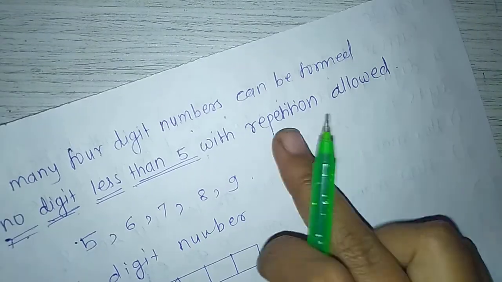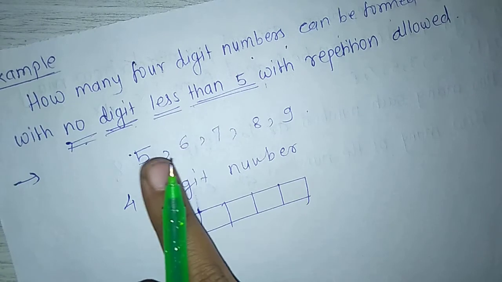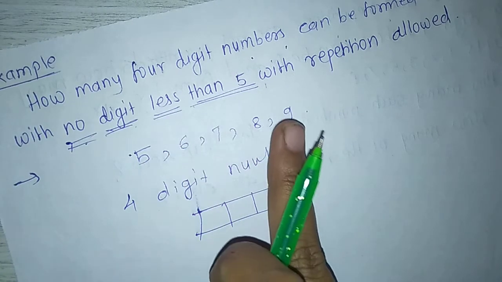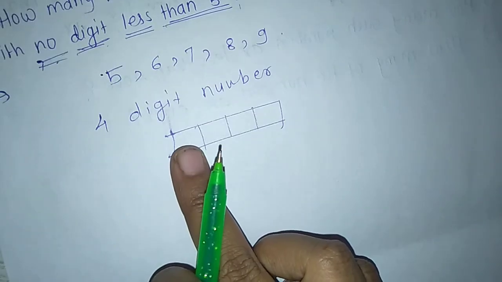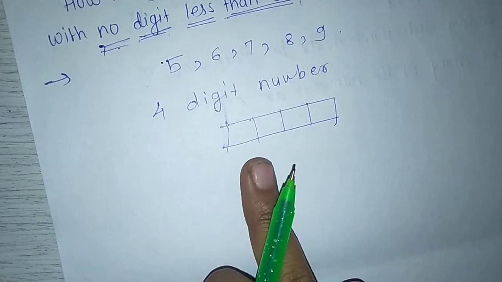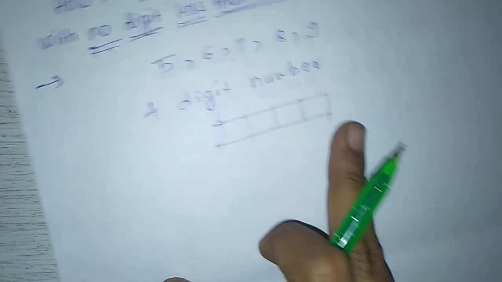The given condition is that repetition of digits is allowed. Here we have 5 digits, so the first box has 5 choices. Similarly, the second, third and fourth boxes also have 5 choices.